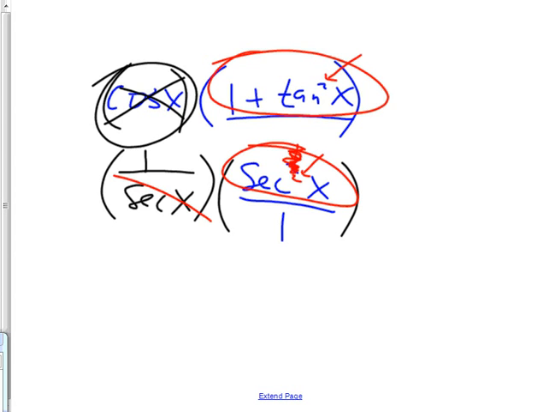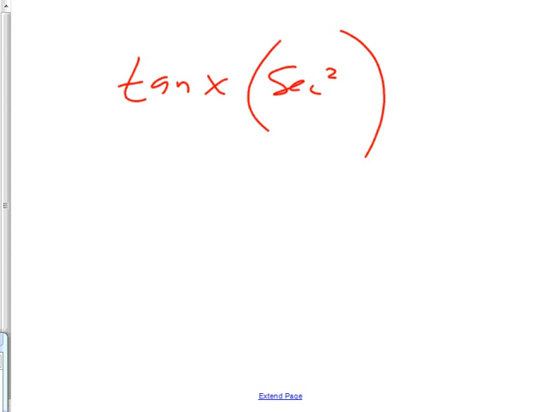All right. So let's look at another one and just think of, what could I possibly replace this with? Tangent has lots of options. If I say tangent of x, and here I have secant squared of x. Let's just think about tangent for a minute. Give me some options for tangent.